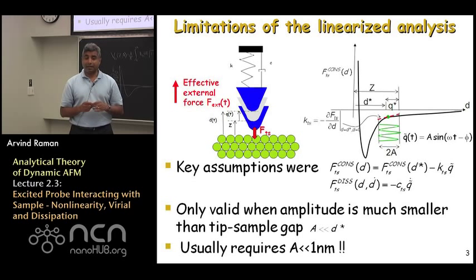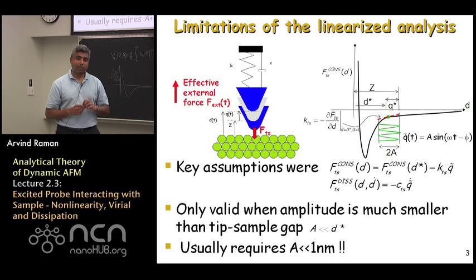in that case, the oscillation amplitude needs to be much smaller than d star for this approximation to apply. So it needs to be less than even a tenth of d star, which typically needs to be less than an angstrom.